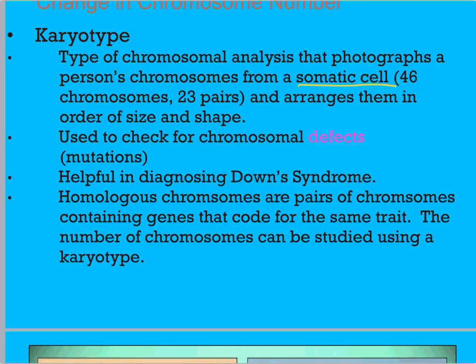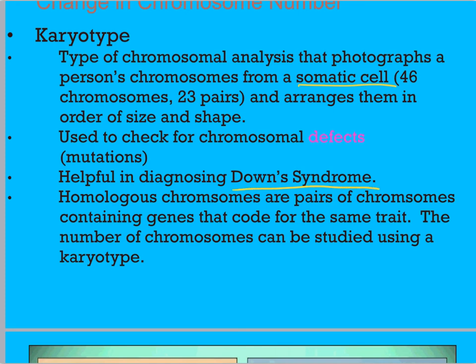The reason why you would do a karyotype is to check for a chromosomal abnormality. So maybe they have too many chromosomes, not enough chromosomes, or maybe there's a mutation where you're missing part of it, or maybe you have too many, whatever. A karyotype is very helpful in diagnosing things like Down syndrome.